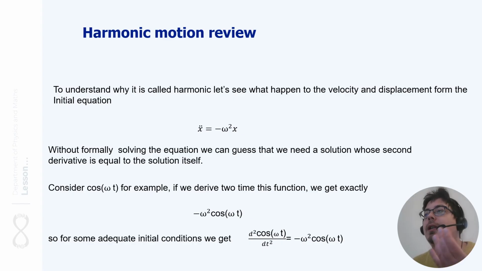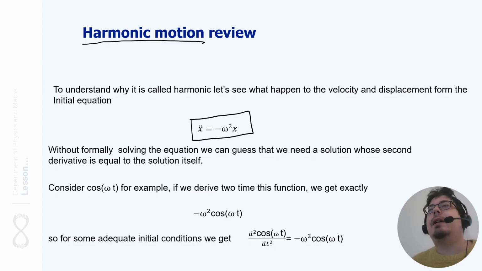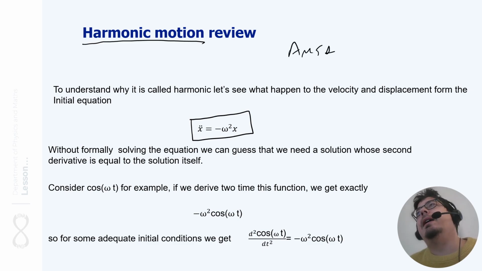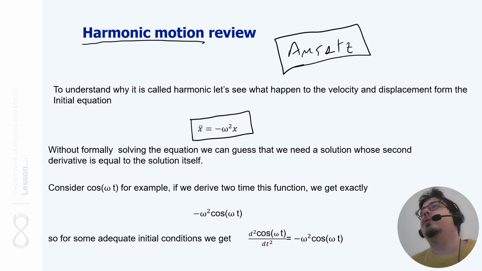I just want to give you an idea of why this is called harmonic motion, and this equation leads to a harmonic motion. So I can cheat a little bit and give you an ansatz, which is basically what I guess is a solution of this problem, knowing that I know already the solution and it can be easily guessed in this case.